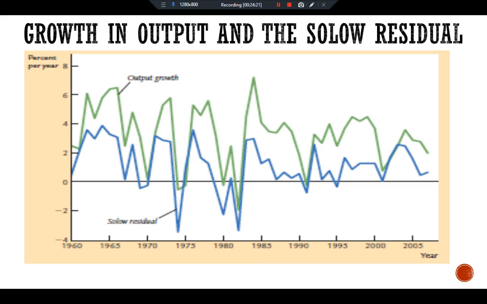The standard explanation of the cyclical behavior of the Solow residual is that it results from two measurement problems.